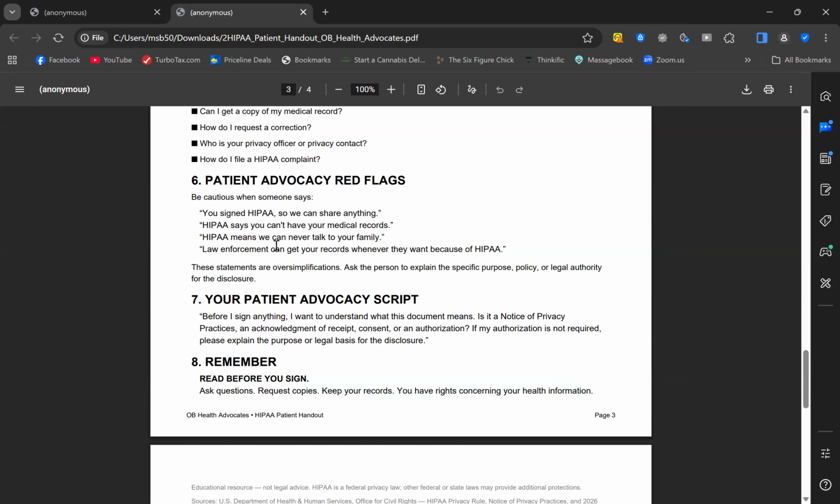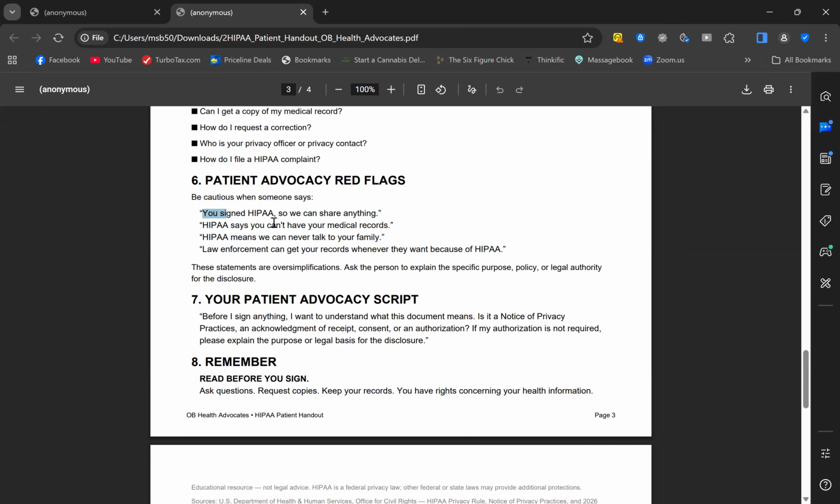HIPAA means we can never talk to your family. Law enforcement can get your records whenever they want because of HIPAA. So, when somebody says this to you, that's a red flag. When anybody says these things to you, I don't care who it is, it is a red flag.